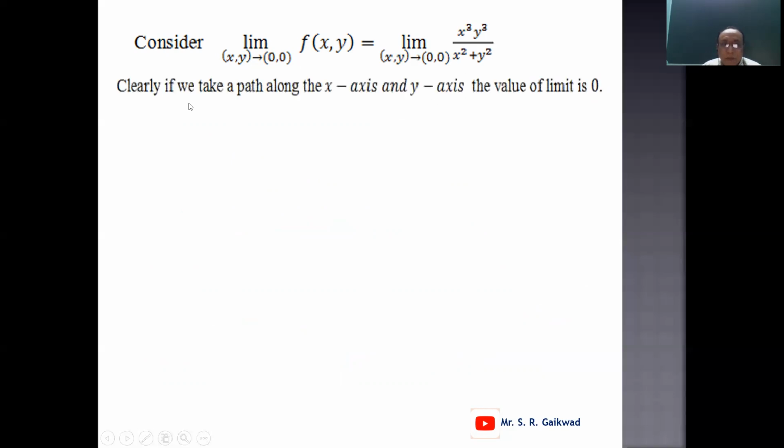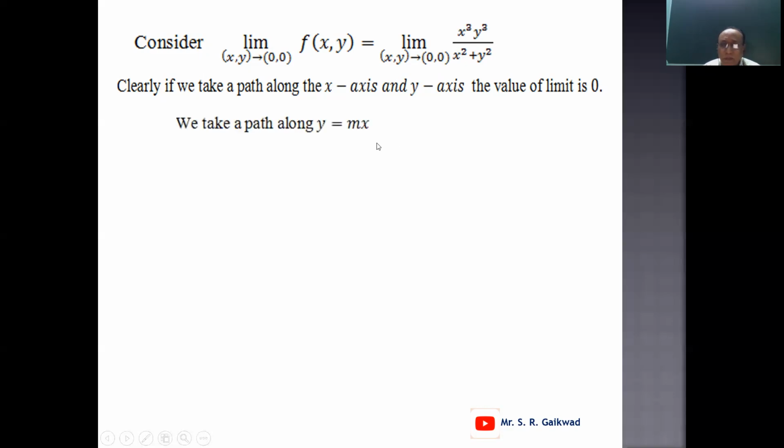If we take a path along the x-axis, we take y equal to 0. Then clearly the value of the limit is 0. If we take a path along the y-axis, we take x equal to 0. When x equals 0, again the value of this whole term is 0, it means the limit is 0. Clearly, along the x-axis and y-axis, the value of the limit is 0.